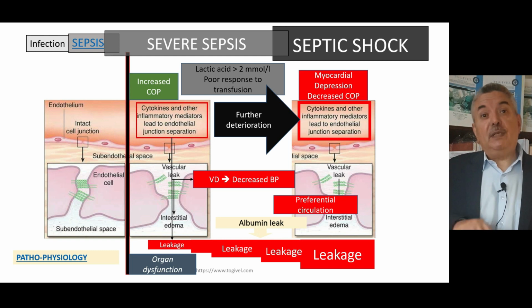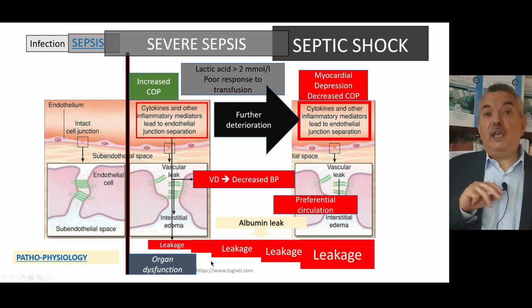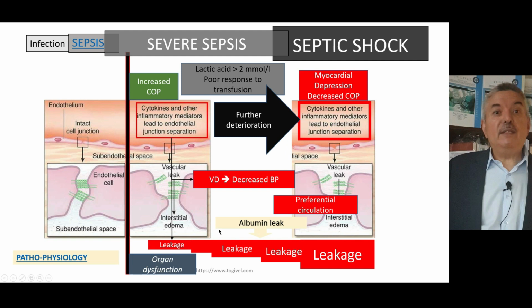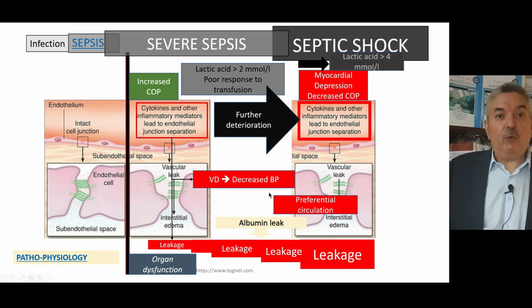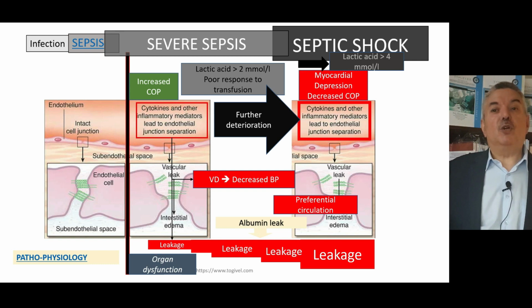So actually what happened is albumin leaked outside, taking with it fluids, and so the vasodilatation is more severe. Now I am in severe hypotension, and because of the interleukins, cytokines, and the acidosis, there is depression of the myocardium, and so the cardiogenic element is early in shock.